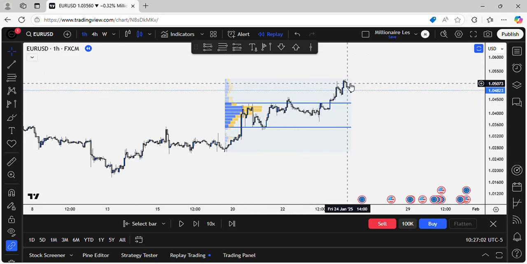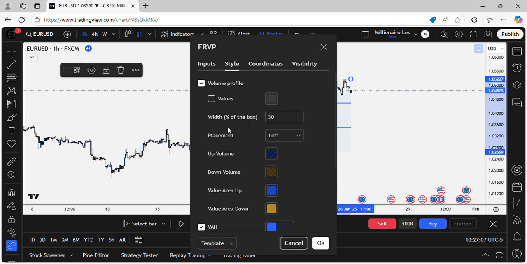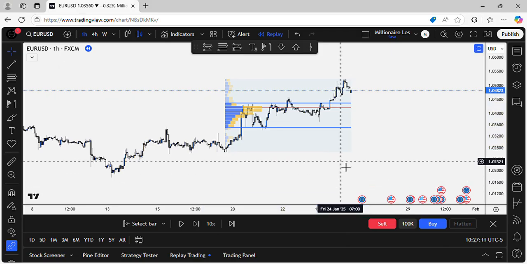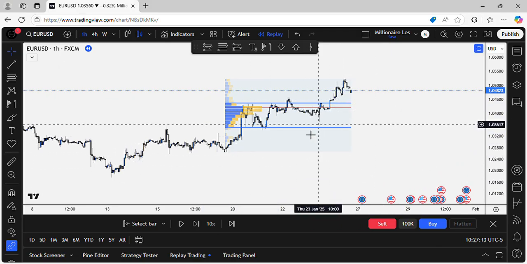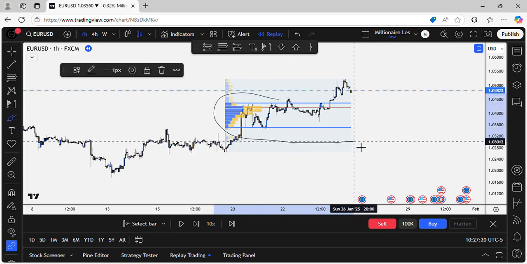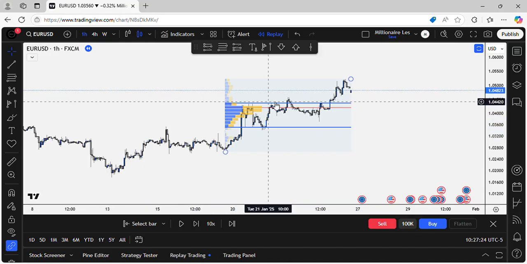Now, there's another part to it called the point of control. I take the point of control off because I don't really use it, but neither here nor there. 70% of the volume traded for this whole entire week is within this area. The point of control acts as a magnet.